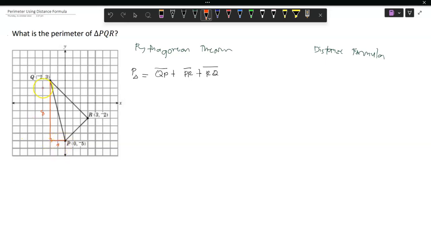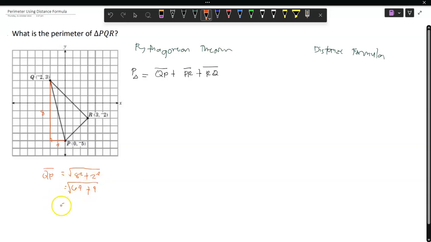This is 2. So to get QP, QP is just equal to the square root of 8 squared plus 2 squared, which is just equal to 64 plus 4. This is just the square root of 68. So that's my QP.